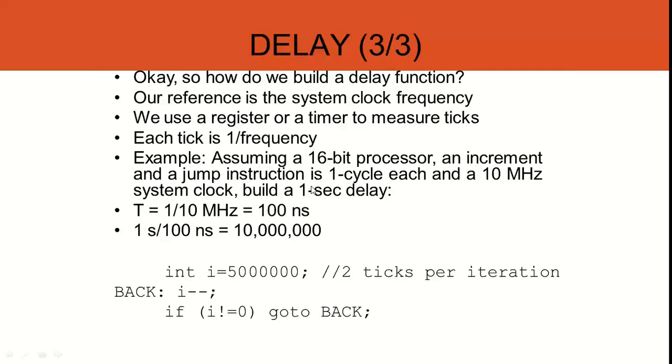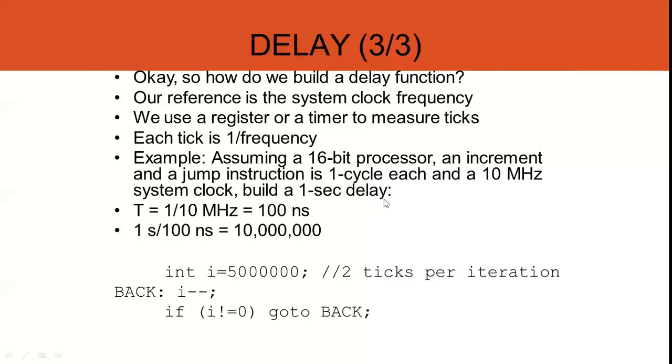For example, consider we are dealing with a 16-bit processor, and an increment and jump instruction will consume 1 cycle of time, and this processor clock speed is 10 megahertz, and we require a 1 second delay.